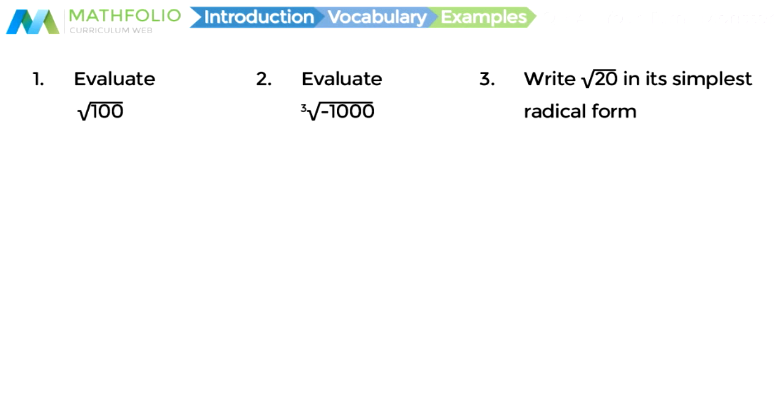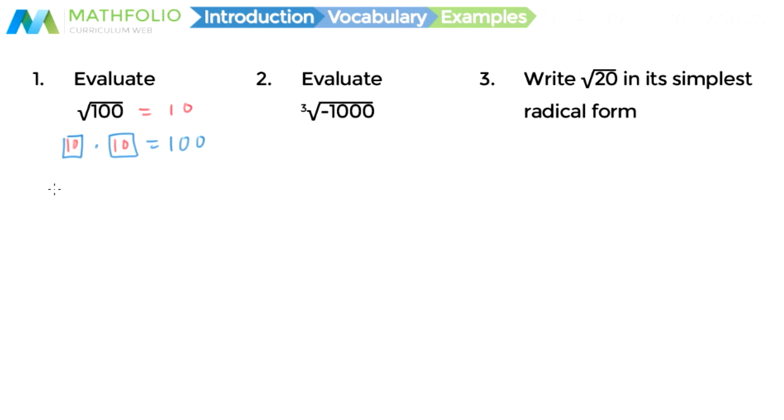Okay, so here we've got 3 examples. So let's go through these and see what's going on. In the first example, we are asked to evaluate the square root of 100. So square root of 100, we're thinking about what times itself gives us 100. Hopefully we're used to our multiplication tables, and we can remember that 10 times 10 gives us 100. So the answer here is 10.